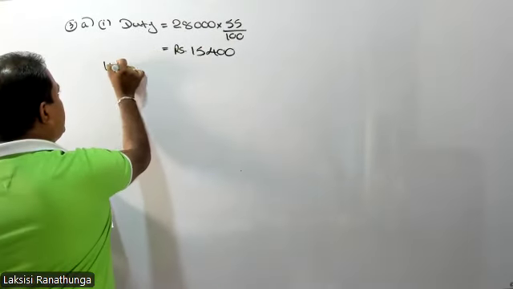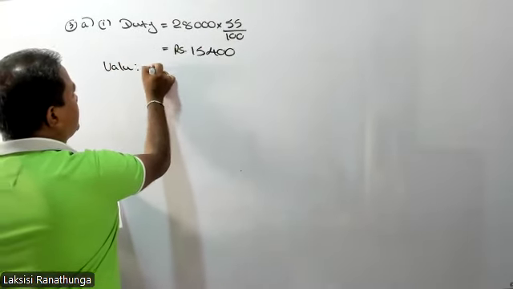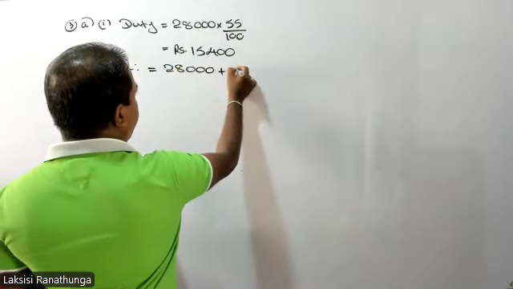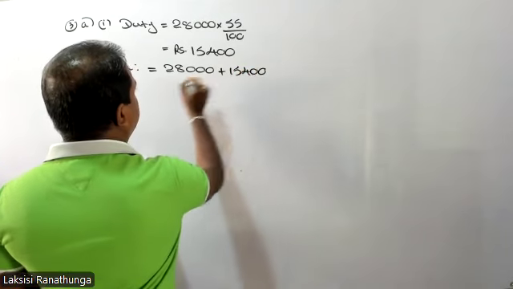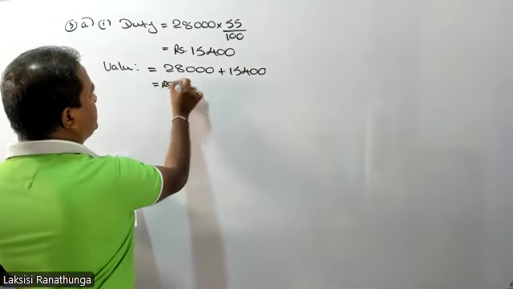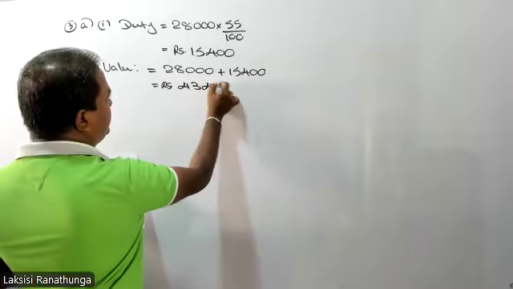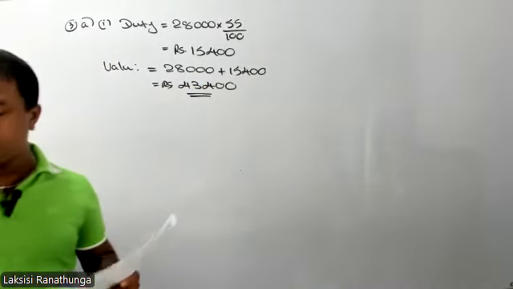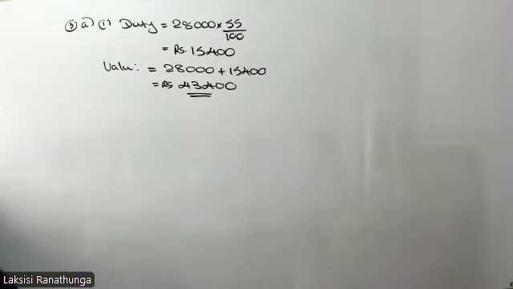So value after paying the customs duty is 28,000 plus 15,400. It is 43,400 rupees. Now you can obtain this answer.